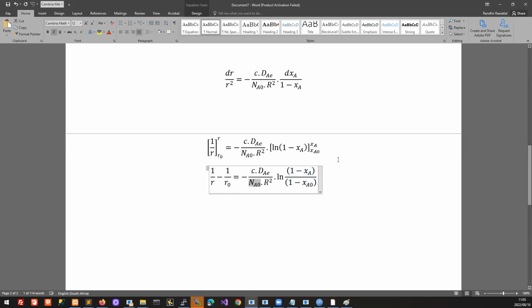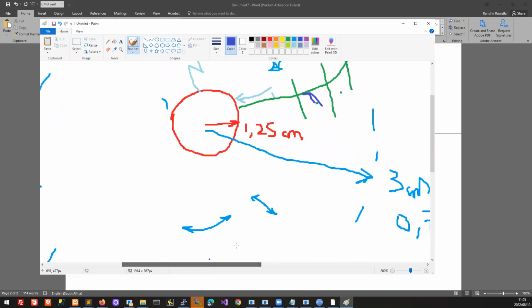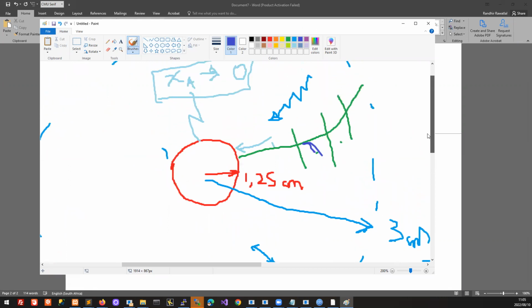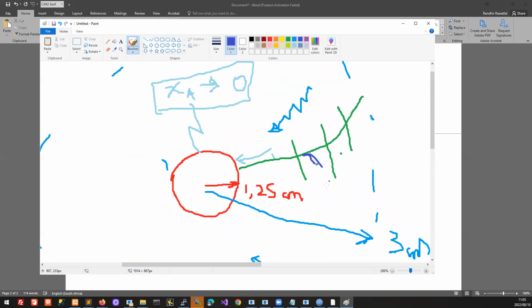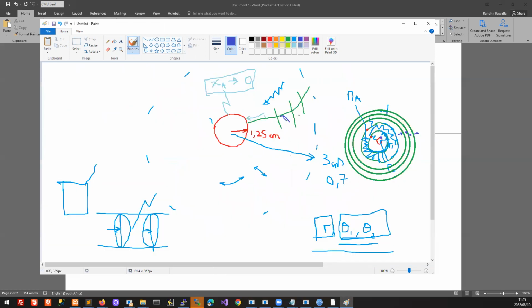Now, we do have a value at a specific position. So in the question, we are given the mole fraction at 3 centimeters. So we do know at 3 centimeters, we have a mole fraction of 0.7. And the other thing we know is that on the surface, our mole fraction of A is approximately 0.